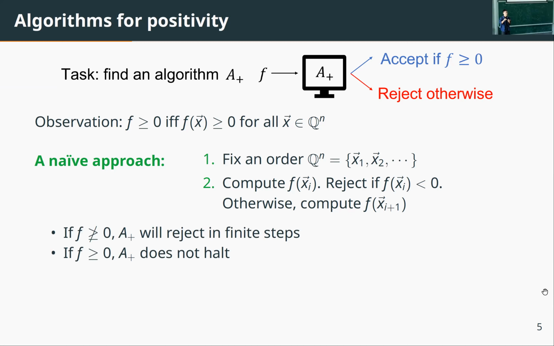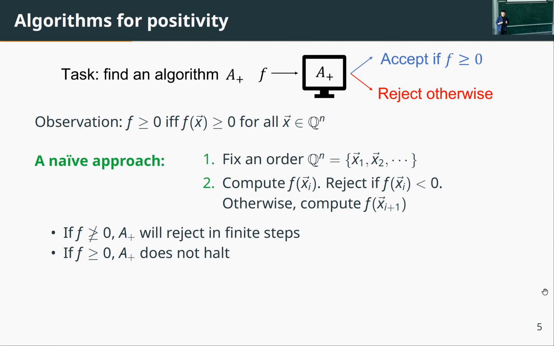If I give you a polynomial which is not positive, and you eat a lot of vegetables and fruits every day, and you live long enough, maybe someday you will see some xi such that f(xi) is negative. So for the no instance, the algorithm at least stops at some point. But if I give you a positive one, then the algorithm will run forever.